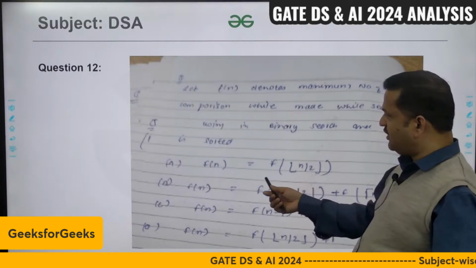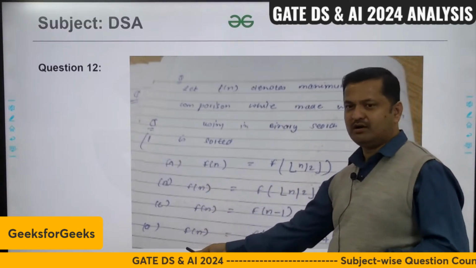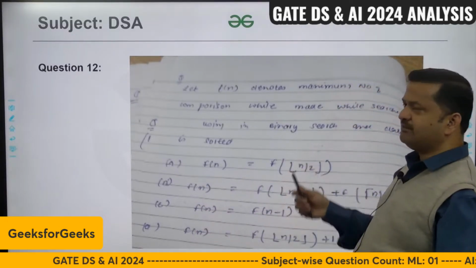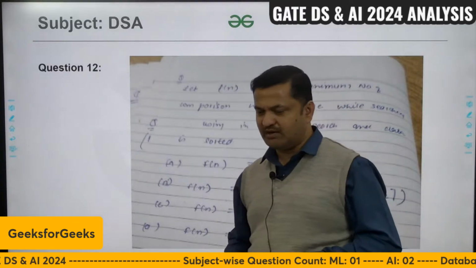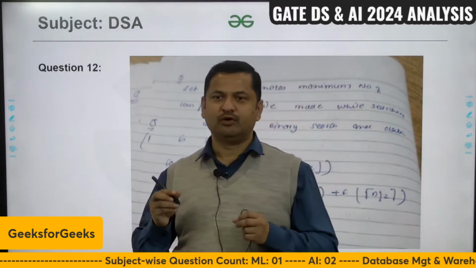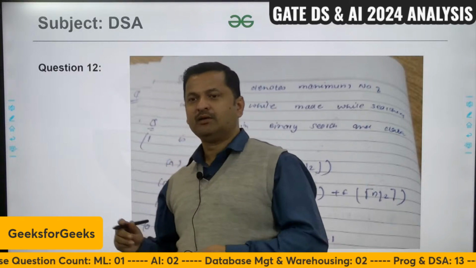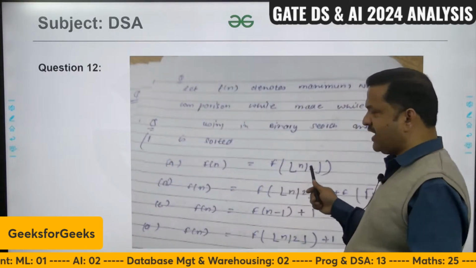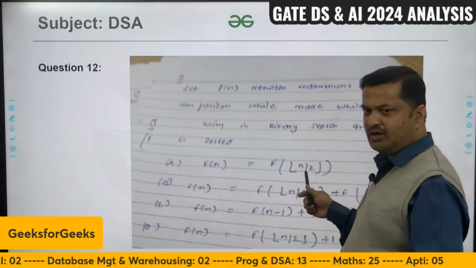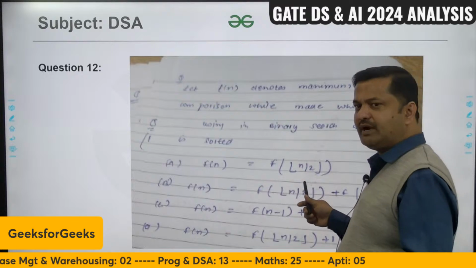So we cannot go for B, C or D. That means option A is the correct one. For binary search, the function for maximum comparisons must be floor of n by 2.